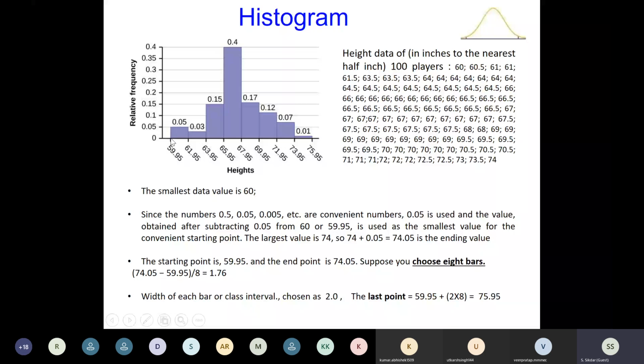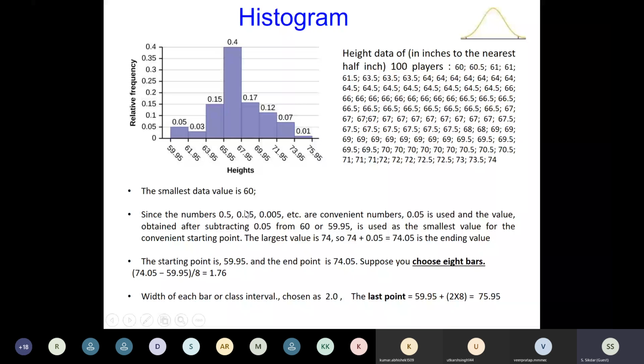Instead of just discrete values, it may not suit us in a better way. If 0.5 is the fraction used in some of the data, we can use 0.5, 0.05, or 0.005.